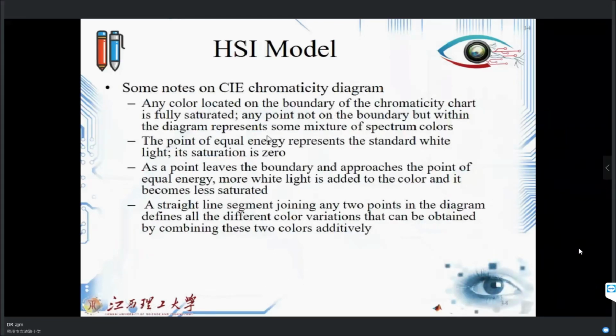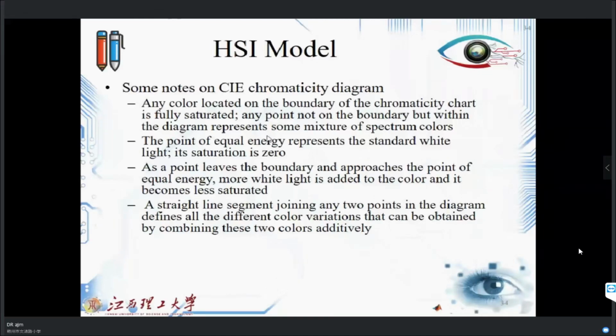Something that we should know on the CIE chromaticity diagram is that any color which is located on the boundary of the chromaticity chart is fully saturated, and any points not on the boundary but within the diagram represent some mixture of spectrum colors. The point of equal energy represents the standard white light. Its saturation is 0.